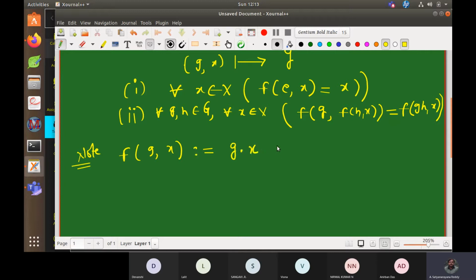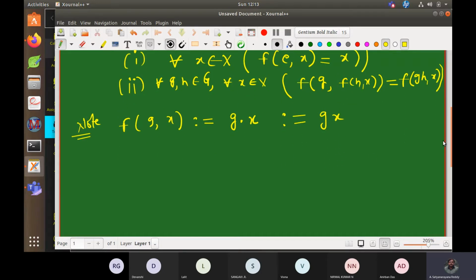In future I may not put the dot either, simply writing gx, and we can understand from the context. When very much required, I'll put the dot. Sometimes I do not put it, but you are mature enough to distinguish that depending on the context.